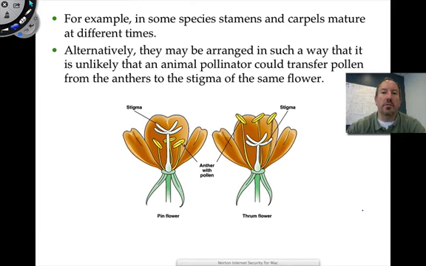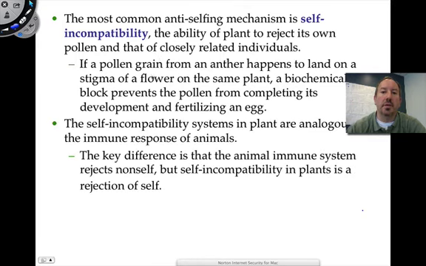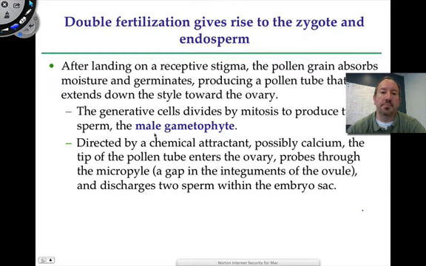So you get all kinds of interesting mechanisms happening there. And I find this to be most interesting, that there's a self-incompatibility. In other words, like how our immune system works as an animal, our white blood cells recognize foreign cells. So this is kind of an interesting thing: the plant can recognize self, so it's self-incompatibility. So it will reject its own pollen.